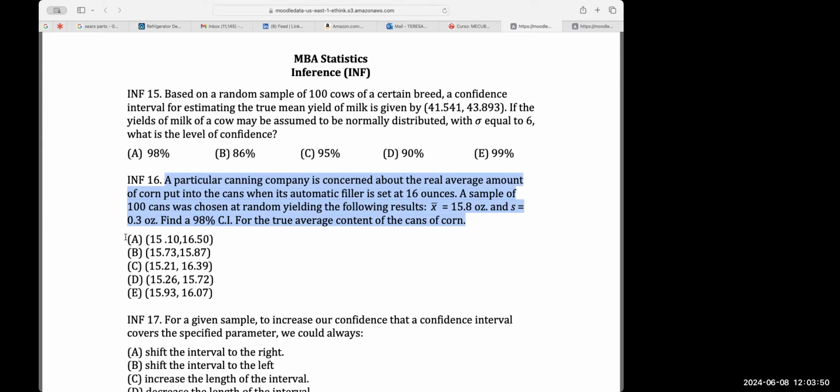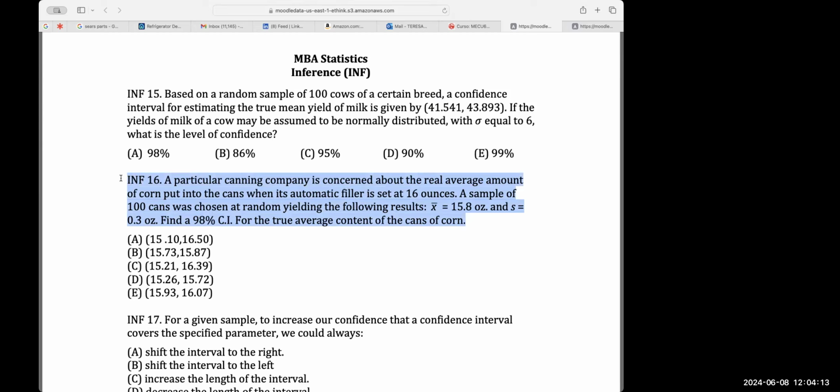So the first question: is it about the proportion or about the mean? And here in the first sentence, it says "concerned about the real average amount." So it's about the mean. Okay, next question: do you have the population standard deviation? Exactly.